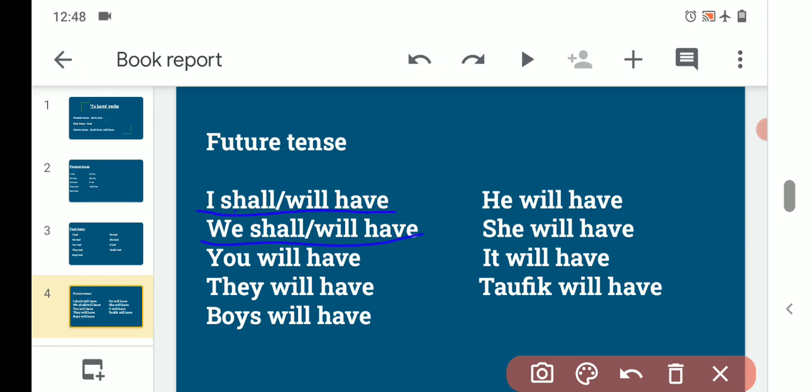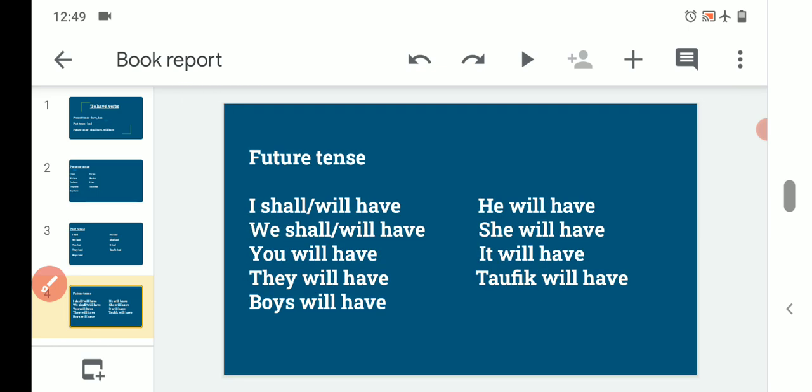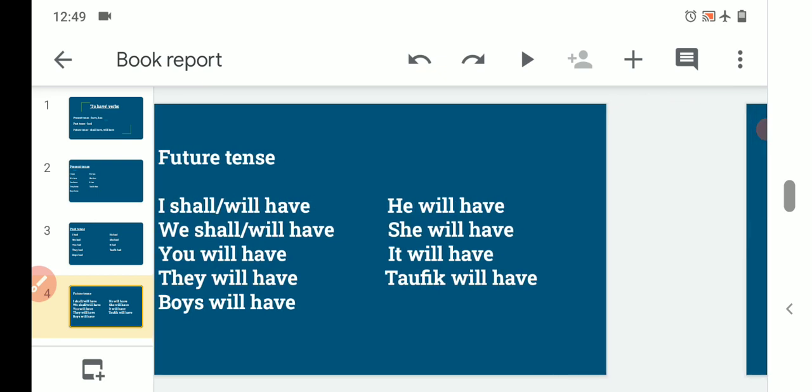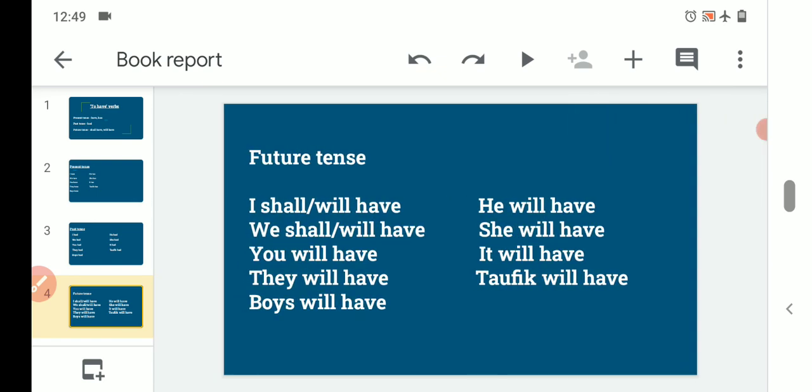This means for the subjects I and we we have two choices, and for others we have only one choice, and that is will have. If you are getting confused, you can use will have with all the subjects, whatever pronoun it may be, or whatever number the subject may be, singular or plural.